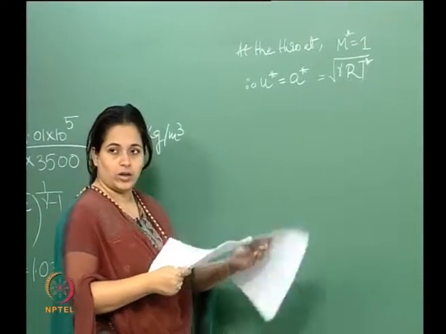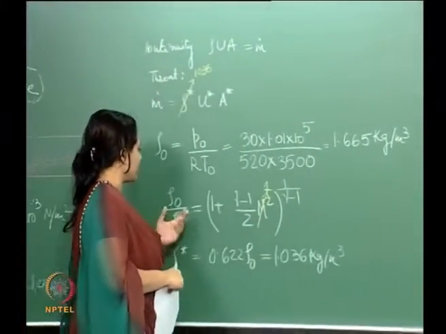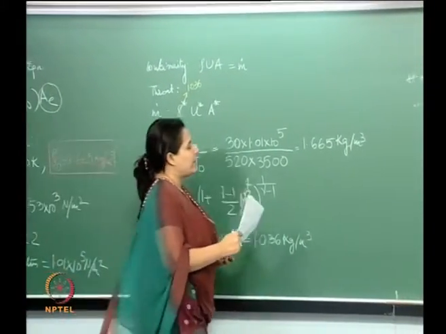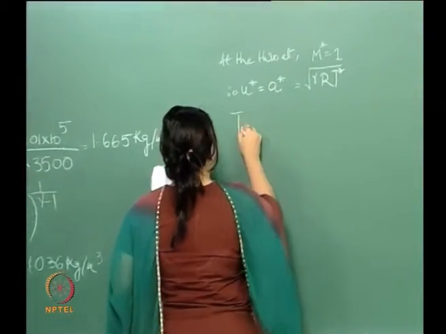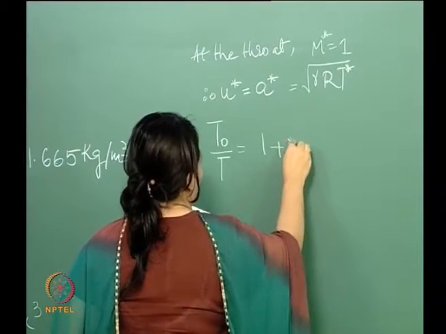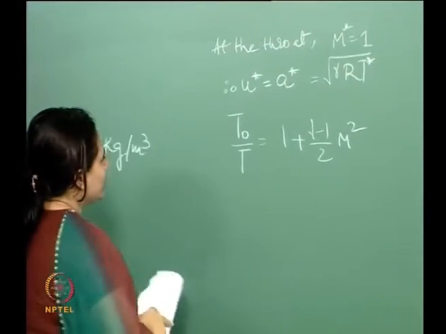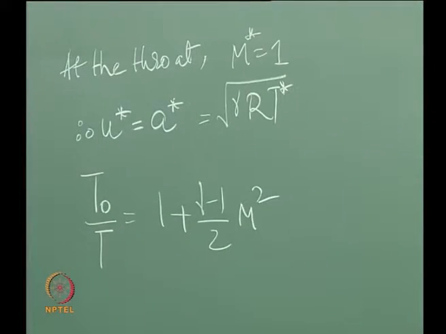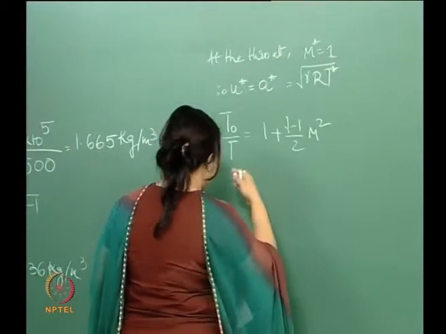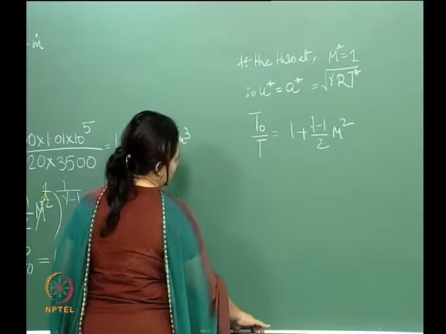If you have not already guessed, we will again use the equation for a calorically perfect gas, like we used for the density, and the corresponding relationship is this, if you remember correctly. This is the relationship between the reservoir conditions and the temperature anywhere in the flow in the nozzle.